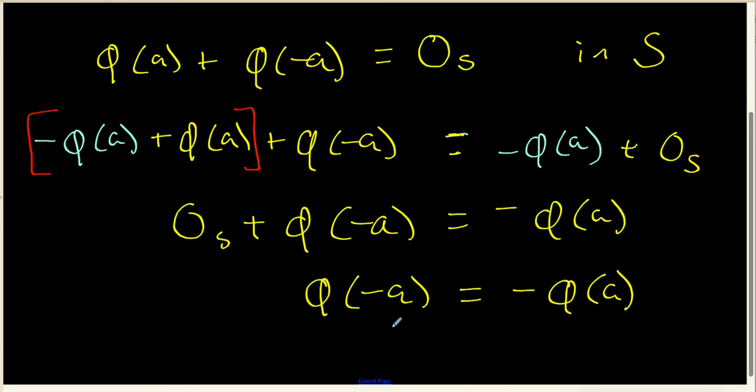So I want to kind of make that clear. This is an additive inverse in R, and when I apply phi to that, I get an additive inverse in S. Well, again, I want to state this as a formal lemma.